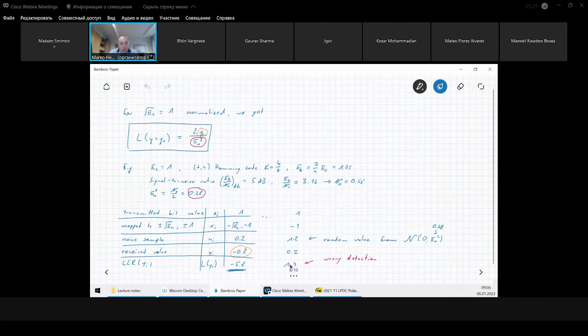So here, from this small value, we can conclude that this is not a very safe decision. You see, actually, the decision would be wrong. If we say we observe 0.2, probably a +1 was transmitted. Positive log likelihood ratio, probably +1 was transmitted, which is wrong.